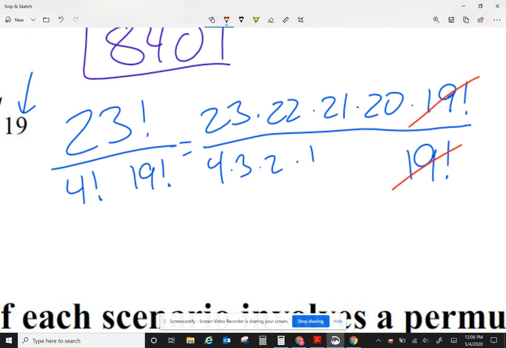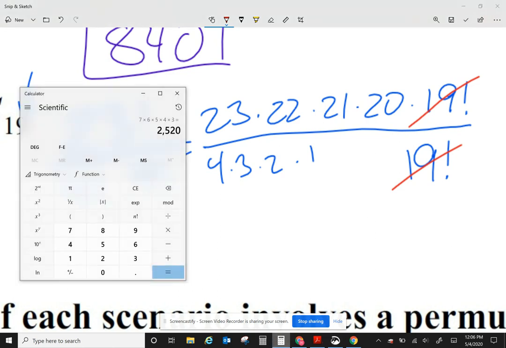Now, here, let's see, what do I have? 4 times 3 times 2. That's 12, but I don't have a 12 on the top. Now, I can multiply on the top. On the top, I have 23 times 22 times 21 times 20.